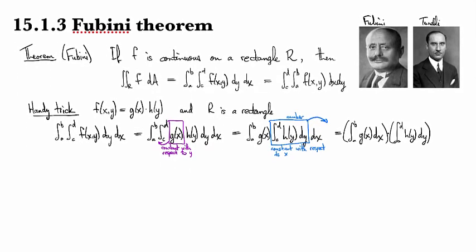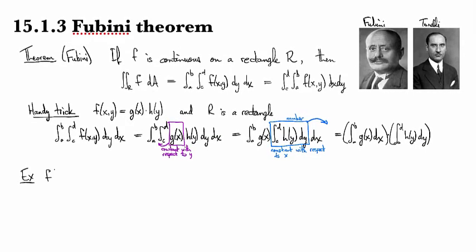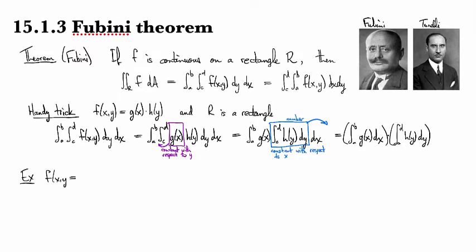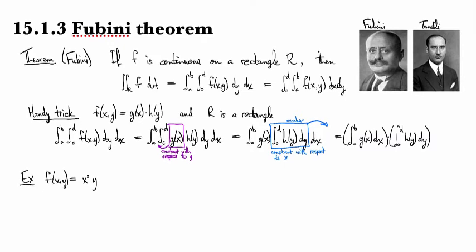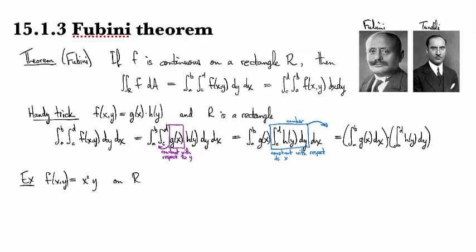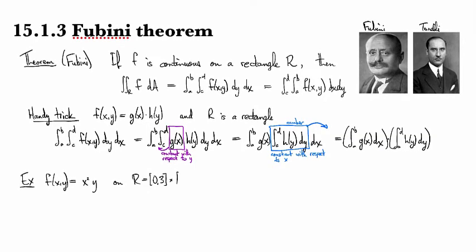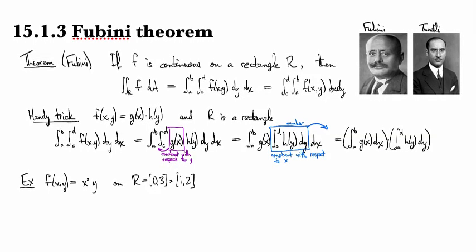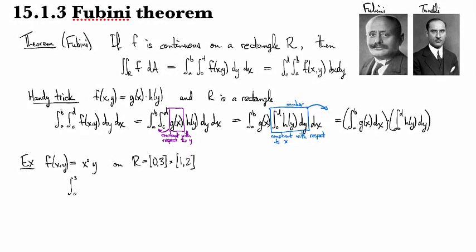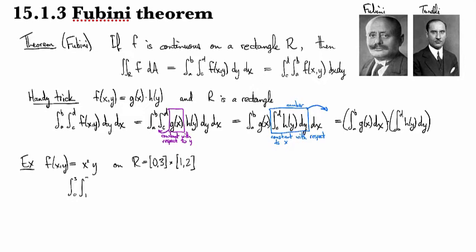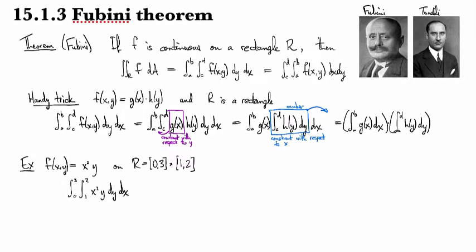So this is a very handy trick. I'll give you a couple quick examples. If we take f to be x squared y on the rectangle 0, 3 cross 1, 2, then the integral from 0 to 3, 1 to 2, of x squared y dy dx.